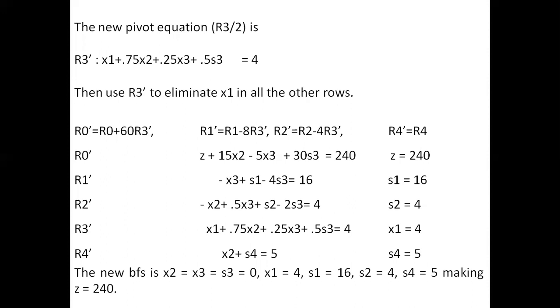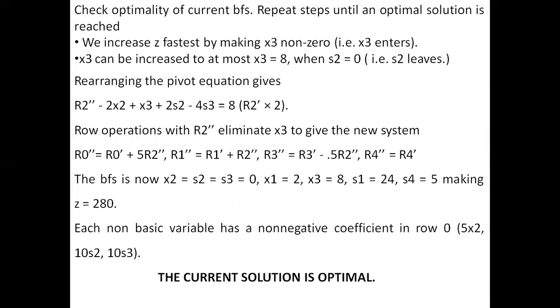Upon substituting all these values into the row 0 equation, we will get that z is equal to 240, right? And checking the optimality with the currently generated basic feasible solution, repeating the steps until the optimal solution is reached.